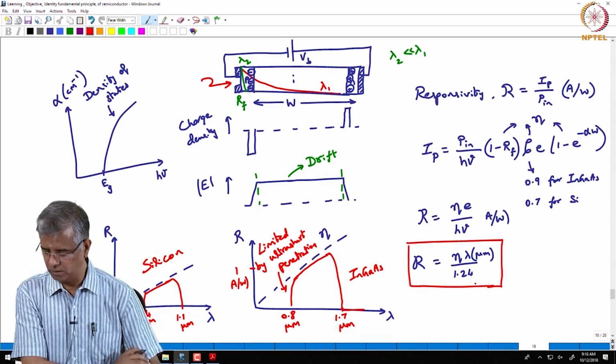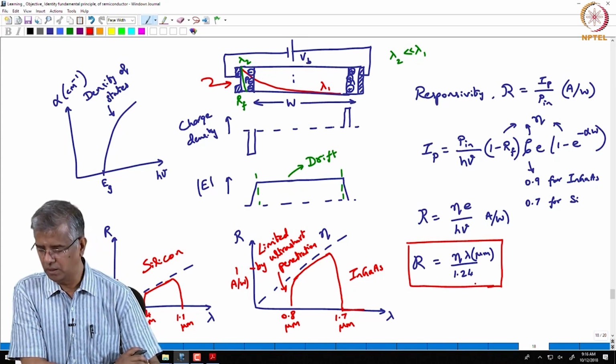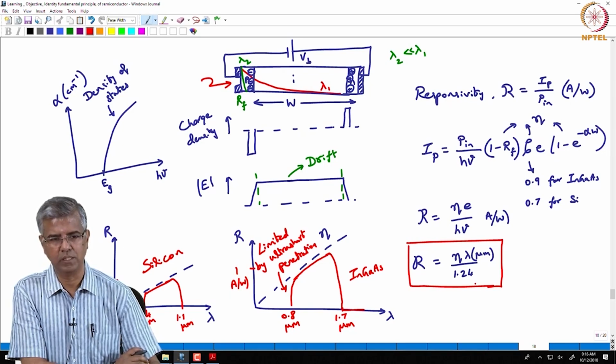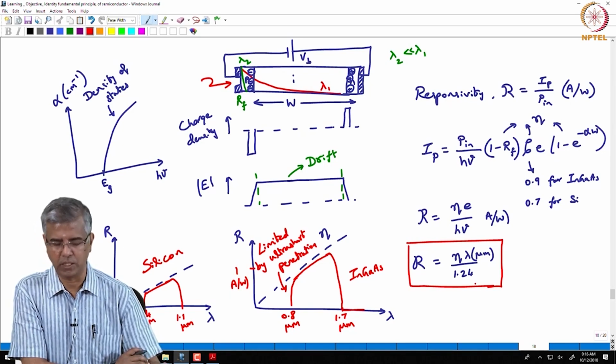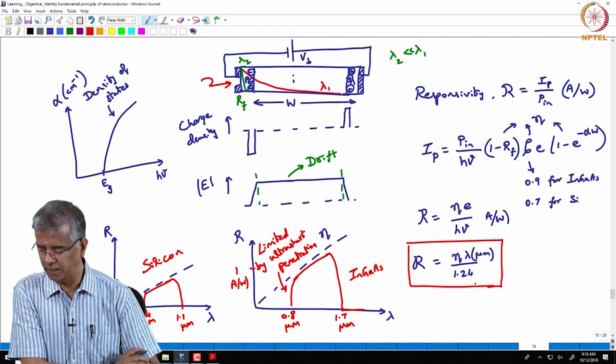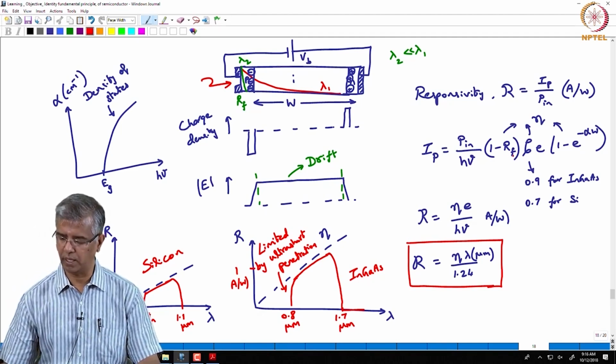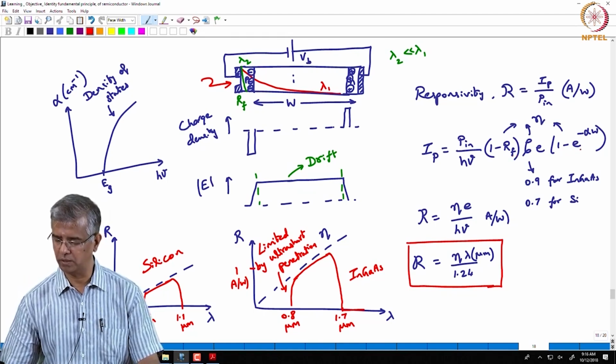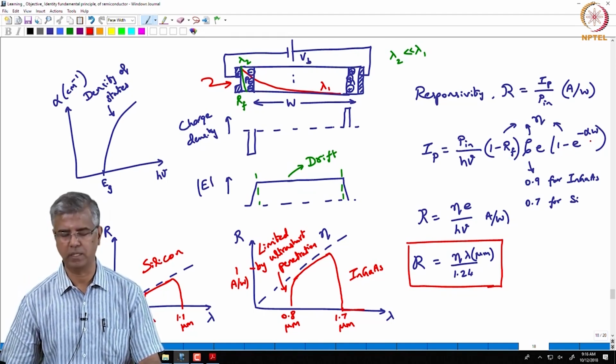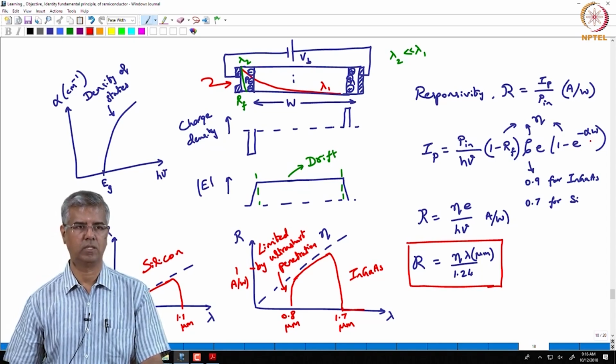Where eta is called the quantum efficiency, but maybe that is a misnomer, because when we talk about quantum efficiency, we talk about purely quantum effect. Eta has these components, 1 minus RF and also 1 minus e power minus alpha w, which are based on the structure parameters.